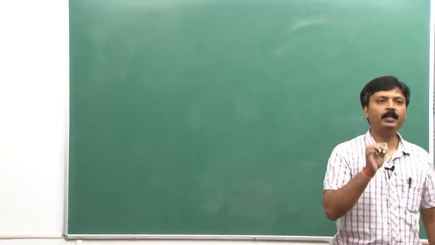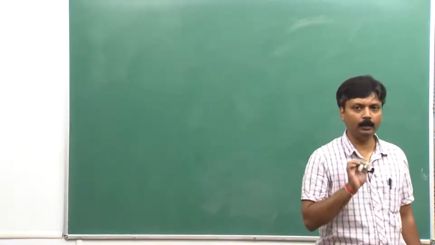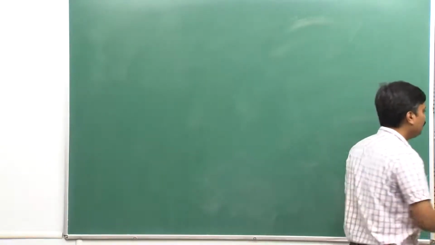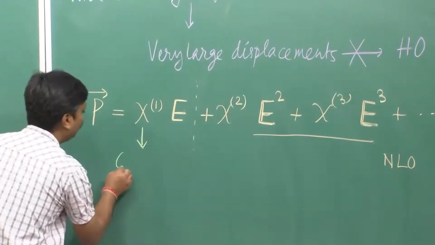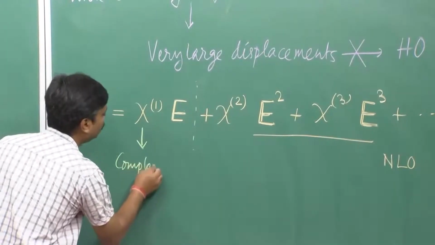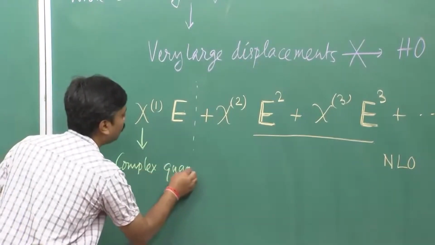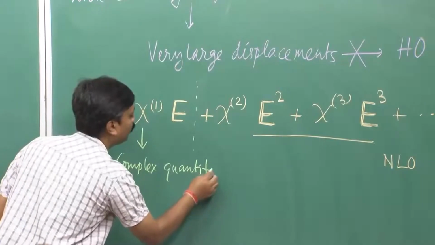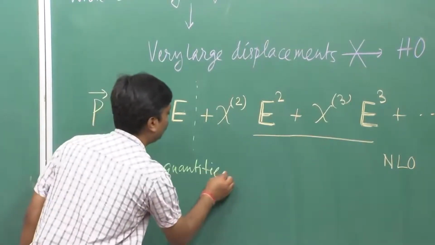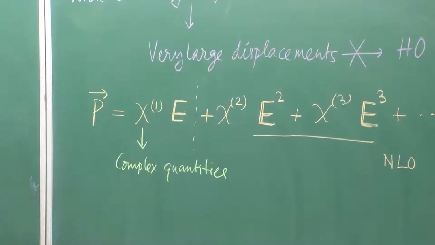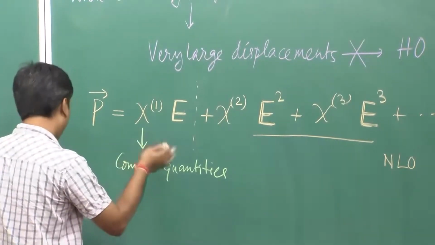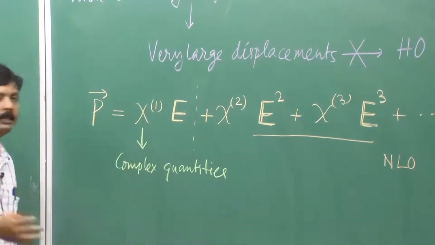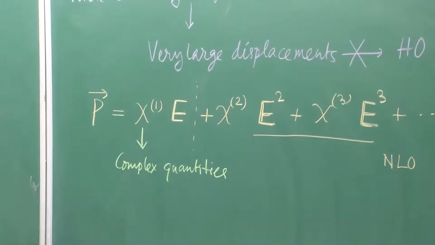These are very important quantities in optics, because these chi, which are normally complex quantities, contain several important information, particularly about the optical properties of any material, mostly dielectric material.